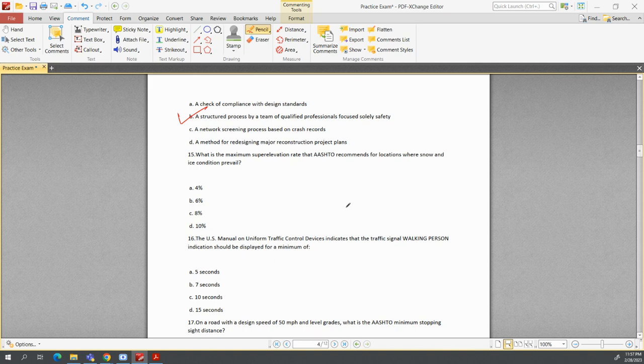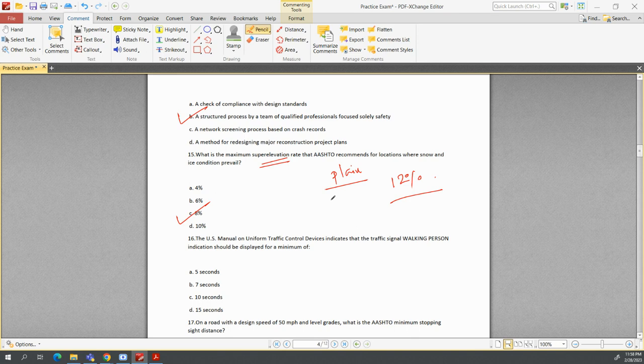Okay, let's move to the next question. What is the maximum superelevation rate that AASHTO recommends for locations where snow and ice conditions prevail? The maximum superelevation for snow and ice conditions is 8%. But for plain conditions, it will be 12%.